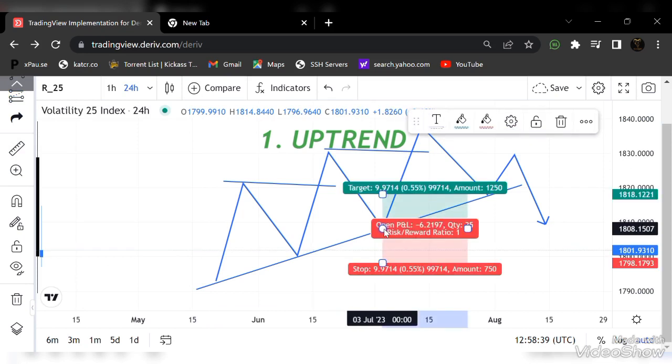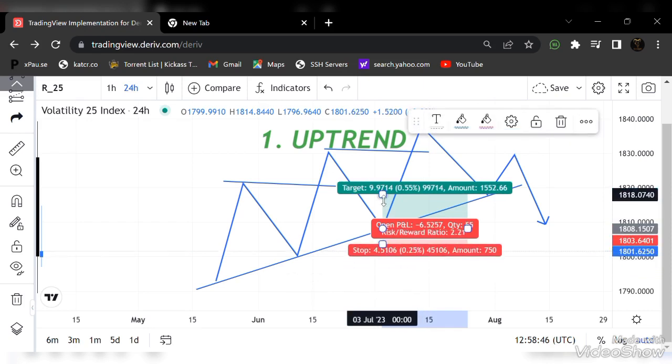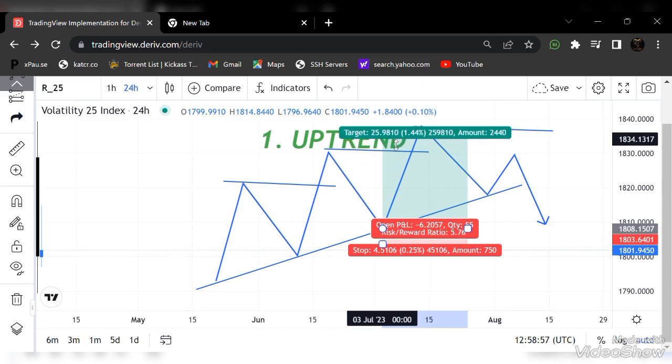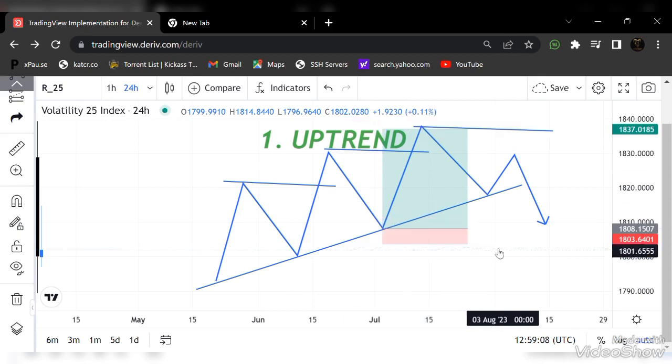It would be wise for you to enter a buy at this low right here, after identifying that this is an uptrend and it's creating higher highs and higher lows. Enter a buy at this low right here and then set your take profit above the previous high, like this, as you can see right here.